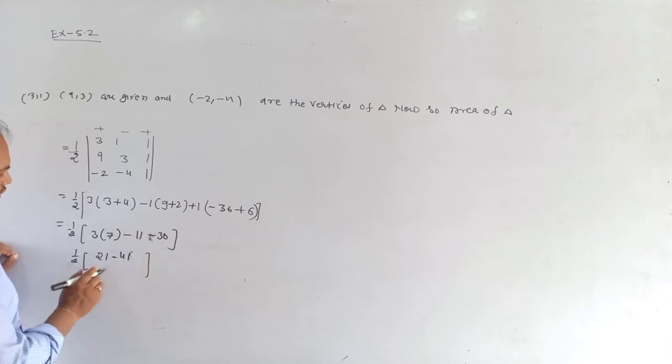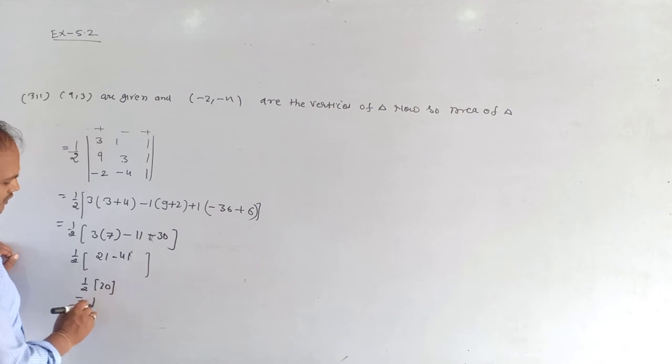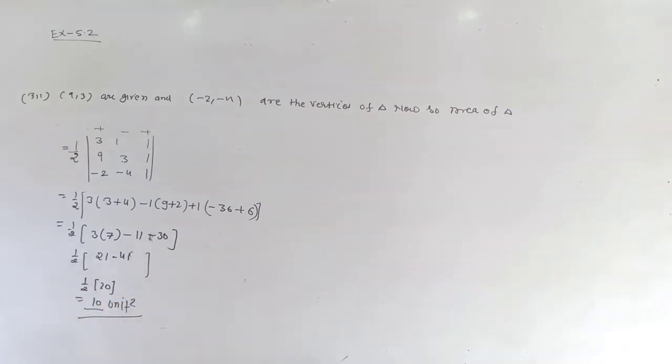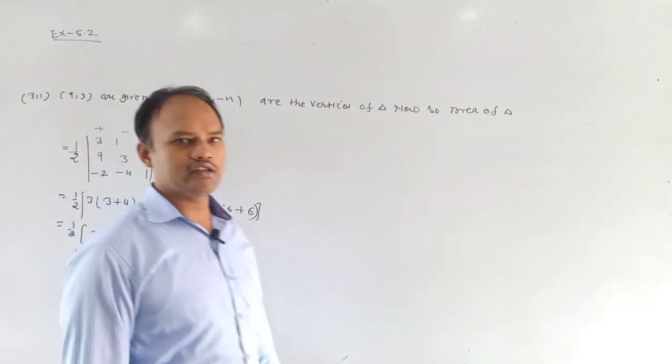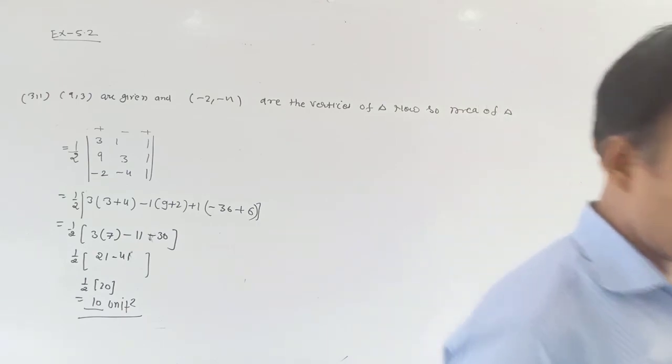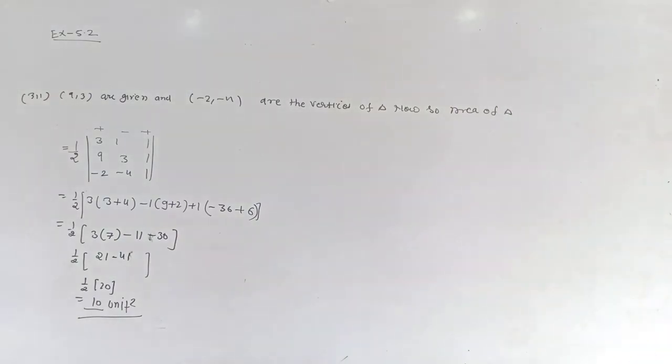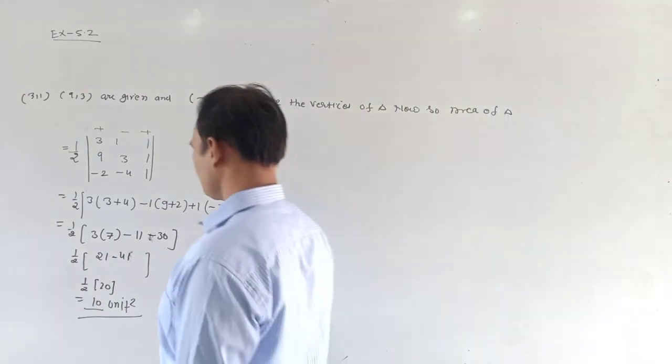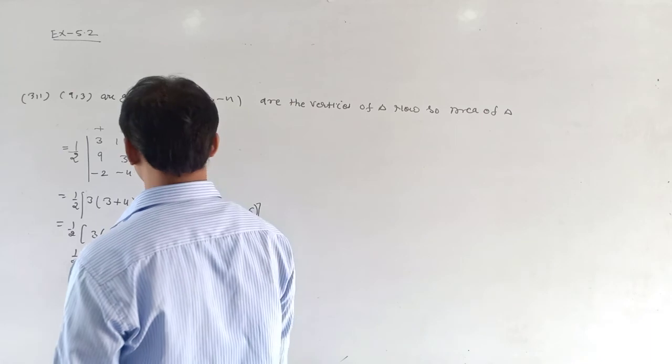So what is the value? 1 by 2 into 20, so we can say it is 10. So your answer is 10 square units. So students, if the third point is used as the third vertex, then the area of the triangle will be 10, and if the points are collinear, the area will be 0. So it is your question and it is your answer.